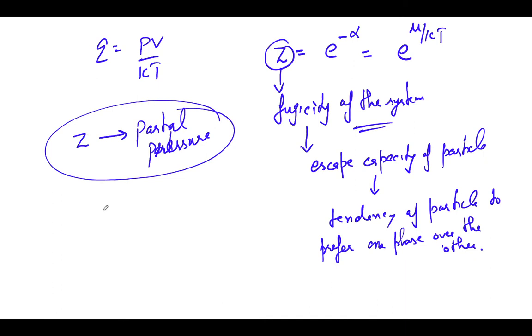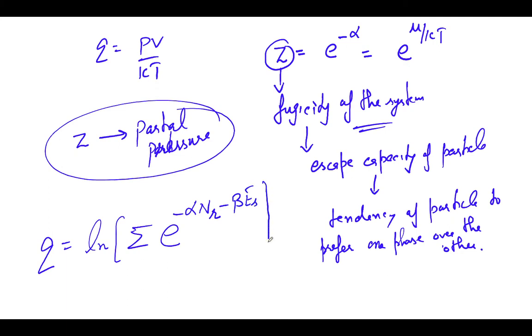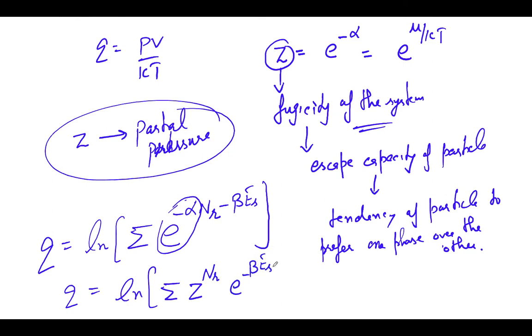So in this case, our Q potential, the value of Q which we have introduced, is log of summation of exponential of minus alpha into NR minus beta into ES. We can write it as summation of exponential of minus alpha, that is Z, so Z raised to power NR into exponential of minus beta into ES.